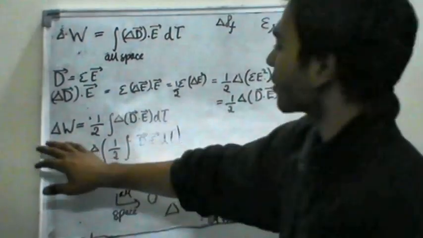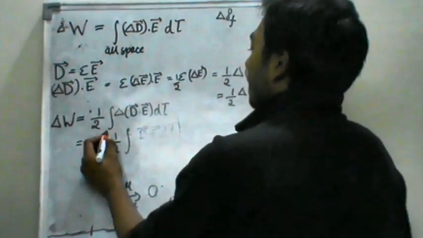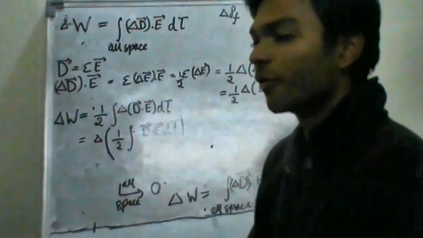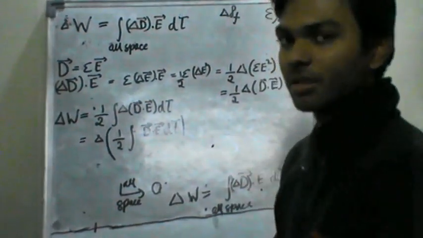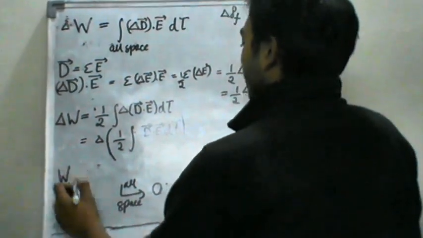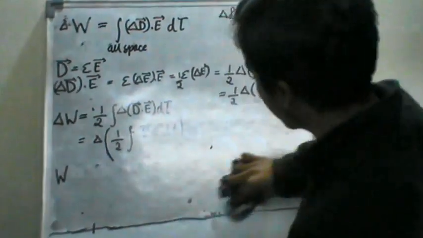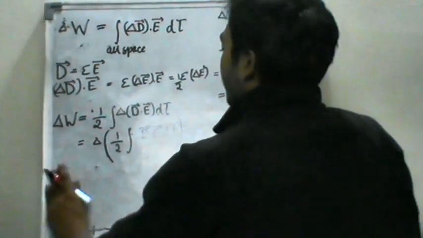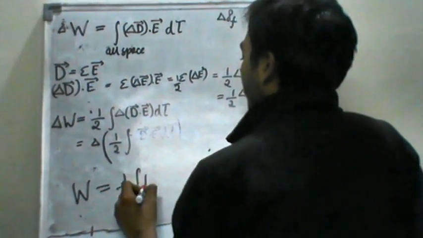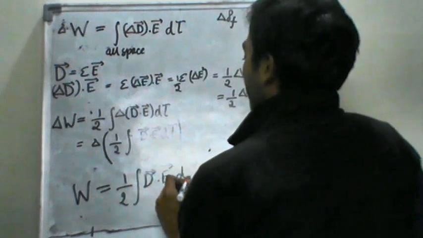So this is the extra work done to bring that charge from reference to the given charge configuration. If you start from a zero charge configuration, your initial work was 0, so your final work will just be this value. So you can write work is equal to half integral D dot E d tau.